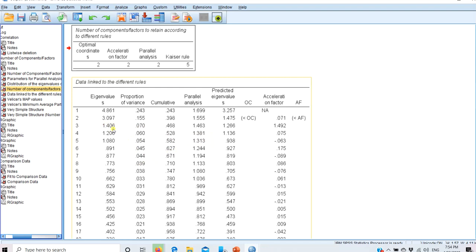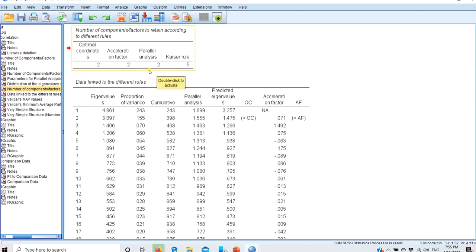So 1.406 is lower than the parallel analysis, or the chance or random, 1.46. So this third factor is not a meaningful factor because it is explaining less variance than can be explained by chance only. So the eigenvalue is 1.46 and here the value is 1.406. Therefore we will retain 2.